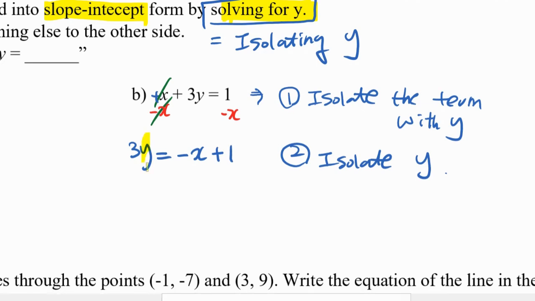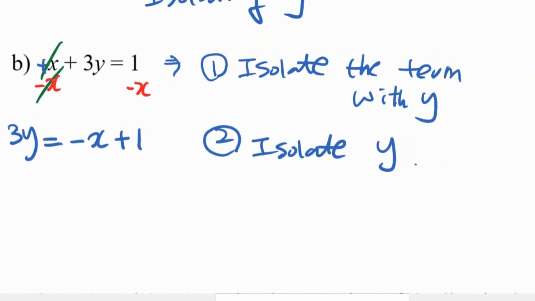Then we're going to isolate y. To isolate y, we have to get rid of 3. What's hiding in between 3 and y, everyone? Multiplication. To get rid of multiplication, we have to do the opposite thing, the inverse operation.